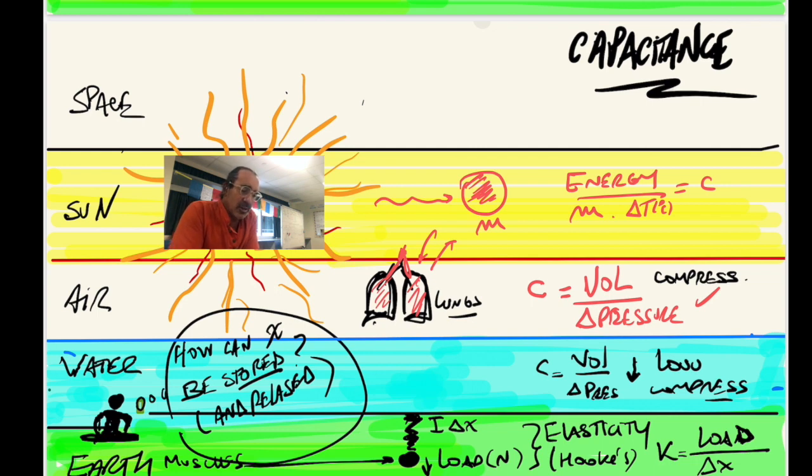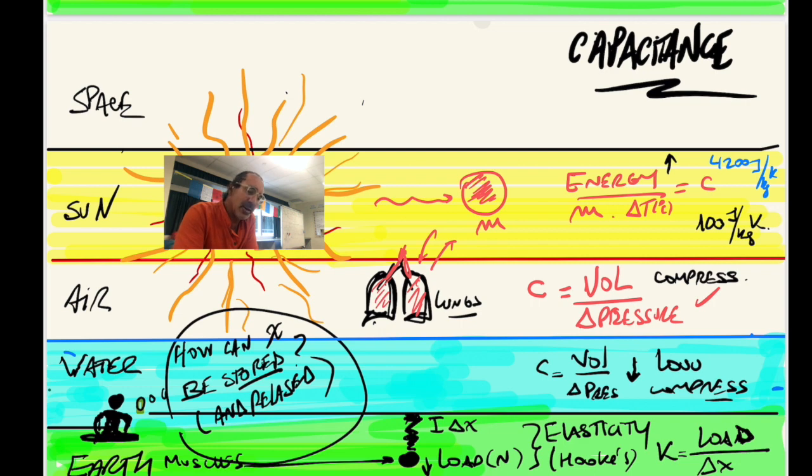So for instance, if we look at the capacitance of water, water has a capacitance of 4200 joules per kilogram Kelvin. And if we look at the capacity of sand, sand has a capacity of probably 100 joules per kilogram Kelvin.